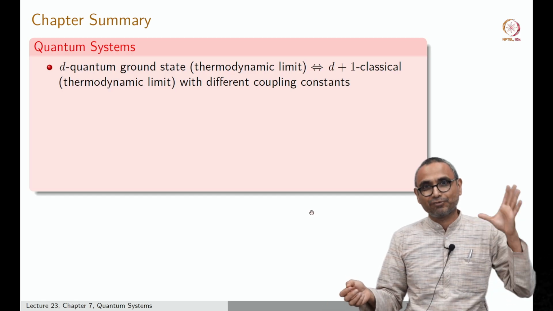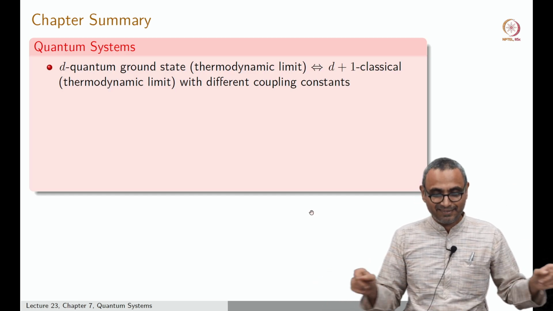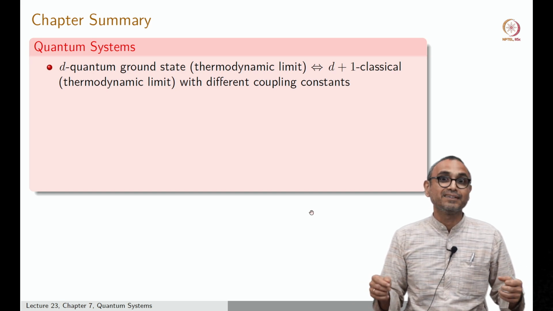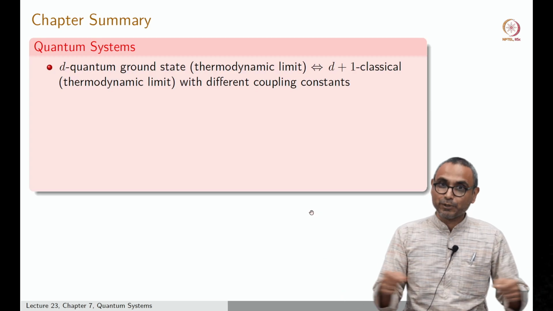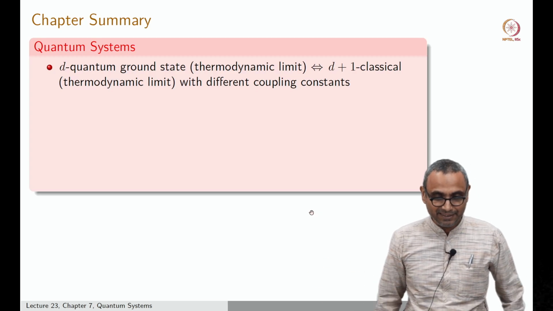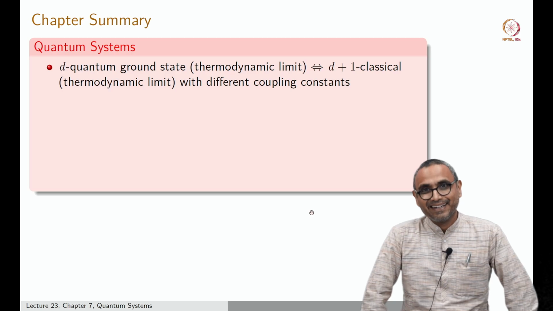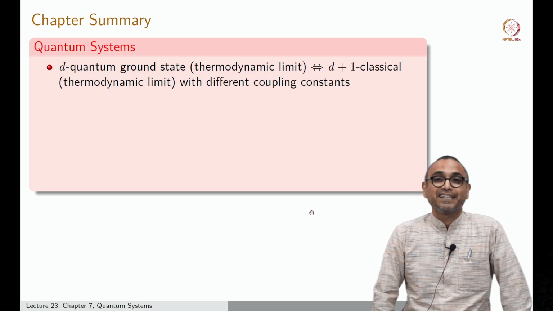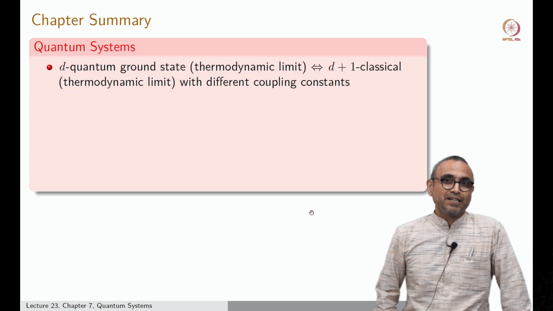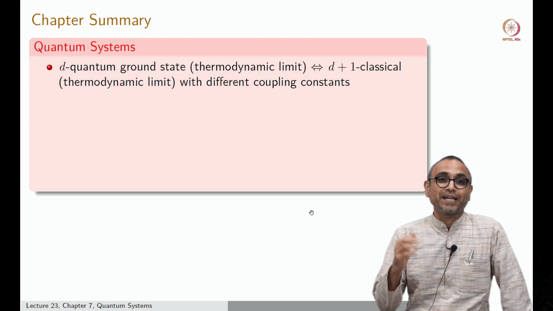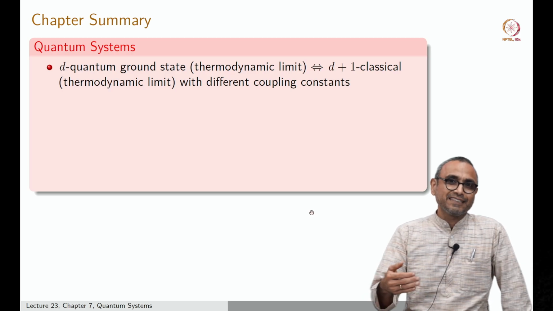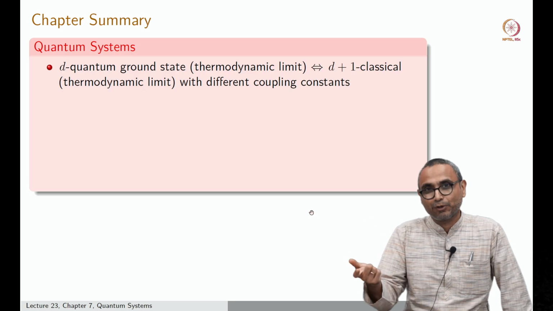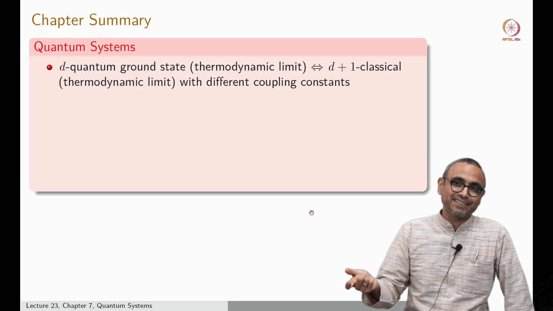Zero temperature of a d-dimensional quantum problem, if d is greater than or equal to 1, then you have to also take the thermodynamic limit in that other direction, will be a classical problem in its thermodynamic limit with different coupling constants. So this offers two types of opportunities. First is you can study quantum problems and their ground states to say something about classical phase transitions in one higher dimension.